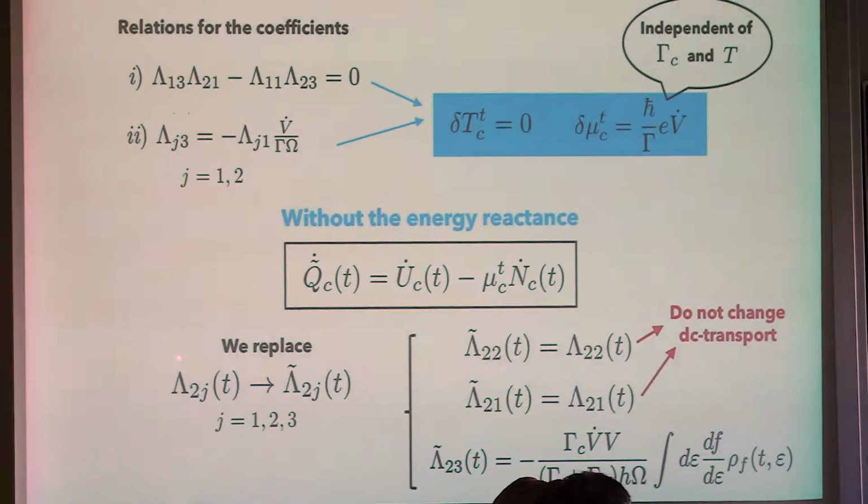So we have to change lambda 2 to lambda hat 2. And since this tunneling contribution is only of AC nature, it will be proportional to the variation in time of the AC driving, so the only coefficient that will change is the coefficient related with pumping, but the DC block will remain the same.